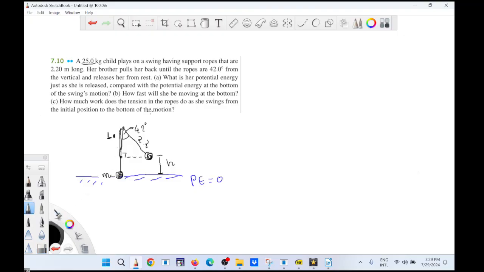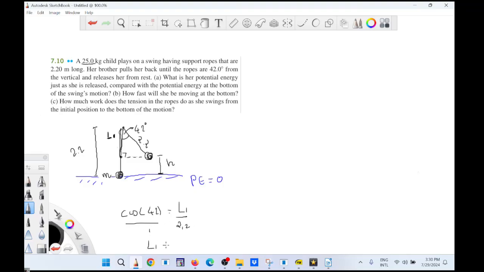And the whole length from here to there is 2.2. So I want to find this height, so I can find this length. So you see, you can use cosine, which equals L1 over 2.2.